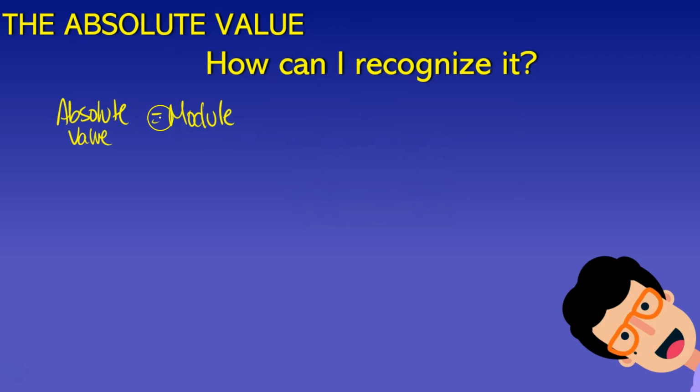So if it's positive, you don't pay attention to it. If it's negative, you don't pay attention to that negative. That means the absolute value of plus 6 is 6, and the absolute value of negative 6 is also 6, because you don't care about the sign it has.